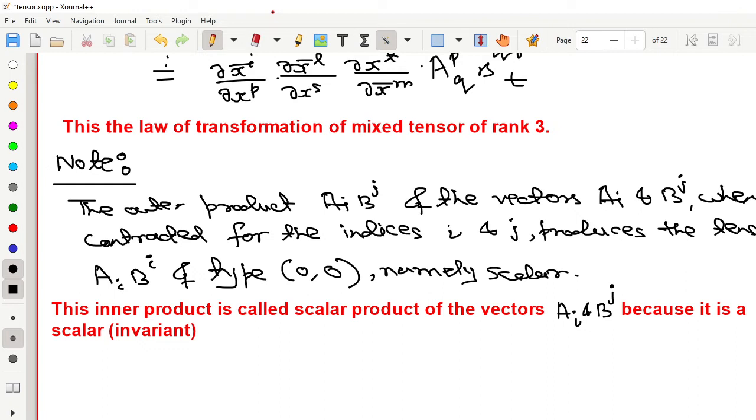So you see AI BI effectively has no index, because these two are repeated indices and you know that repeated indices are summed over. Effectively there is no index available to you. So that is why you call it a scalar product or an invariant.